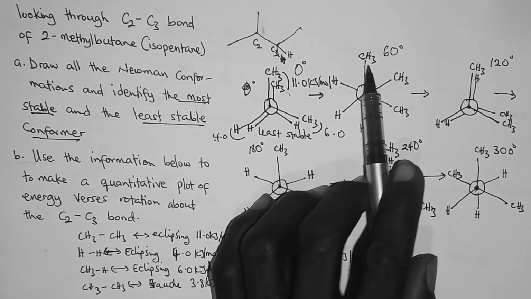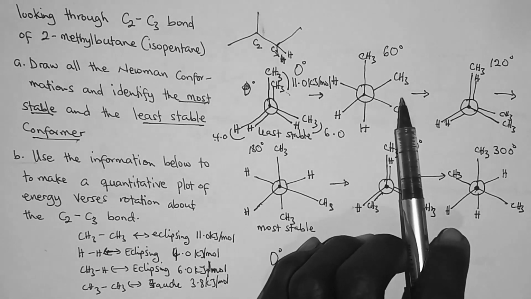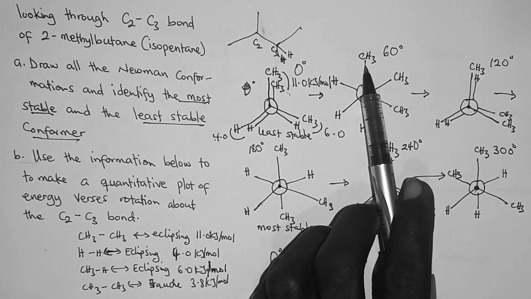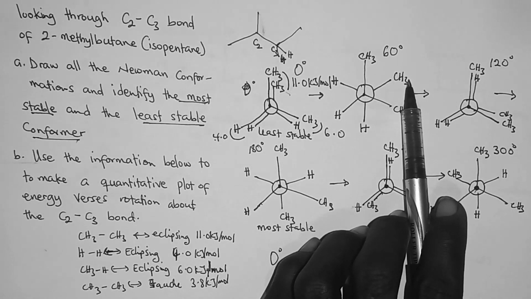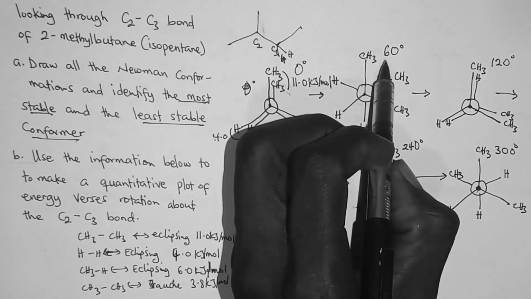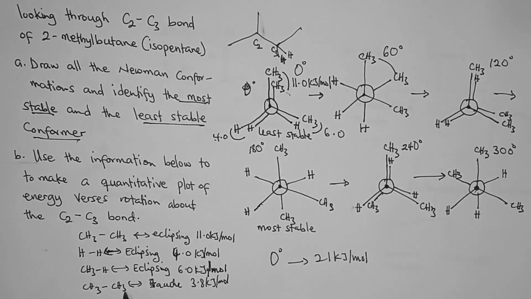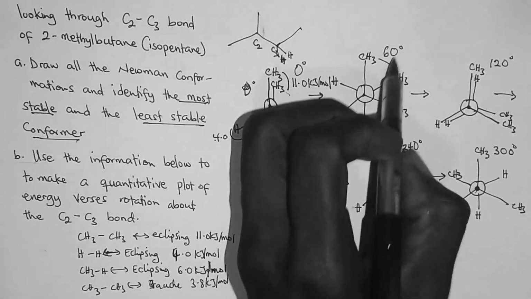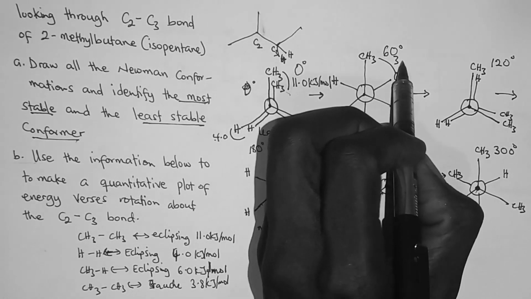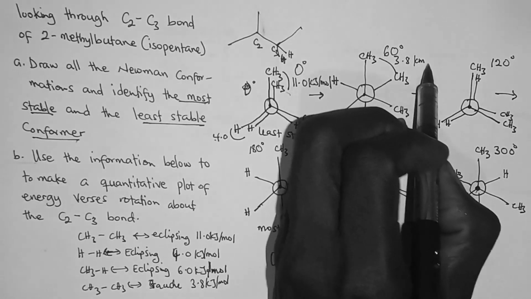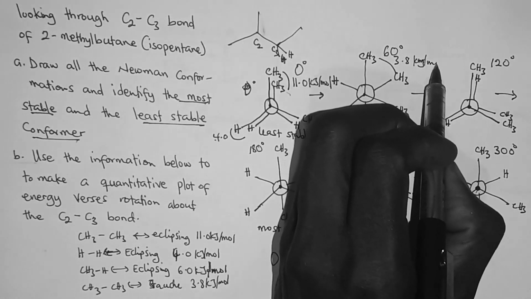Now let's come to this side. You see that here is a CH3 gauche relationship. And for a CH3 gauche, it is 3.8 kilojoules per mole. So between this and this, we have 3.8 kilojoules per mole here.